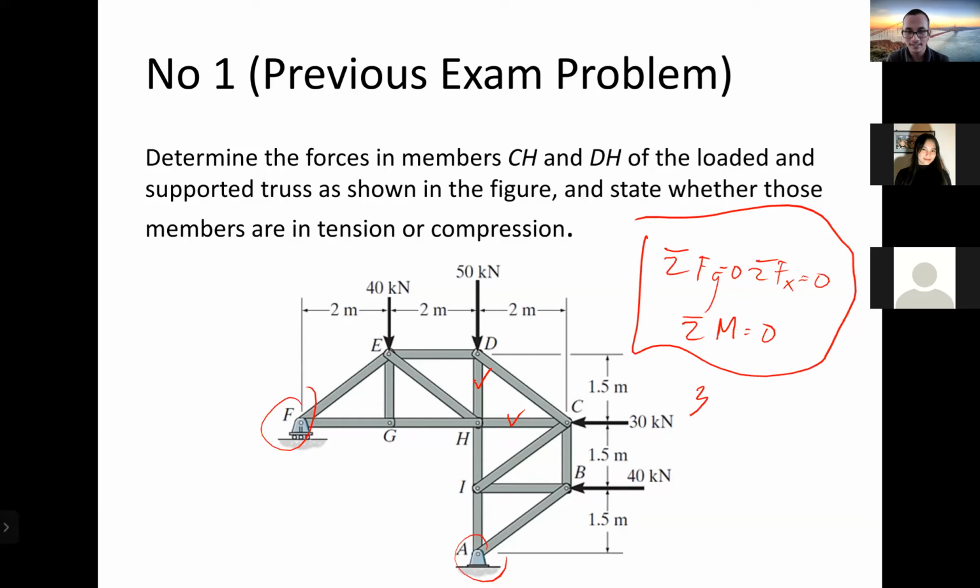Okay. That's the idea. So basically, whenever you want to use the section method, just try your best to find a cutting line where it's only 3 members. Because we try our best to only use one side of the diagram.